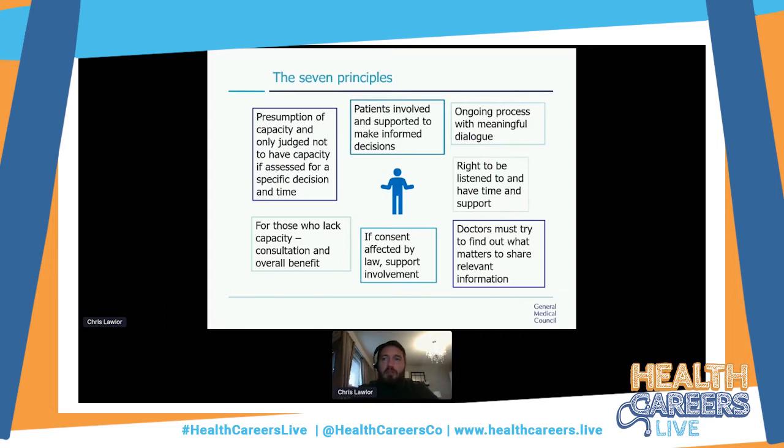What are their outside interests, and what could the potential impact of the treatment that you are suggesting be on those outside interests? So we've got to get to know our patients and understand how things might impact them as an individual. So it's really important that we do bear that in mind, and that can only be done by spending time talking to patients. So we'll just follow it round.